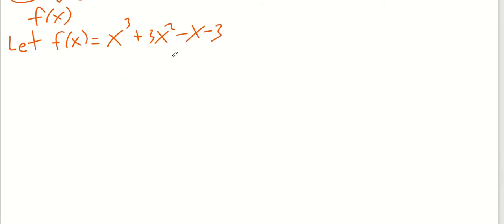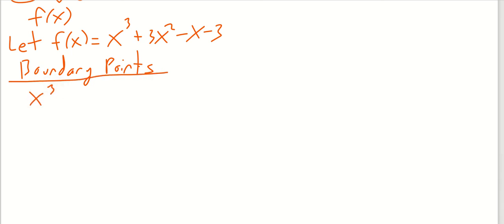And now the next step is to find the boundary points. To find the boundary points, we set f of x equal to 0. Like this, and now we need to solve.